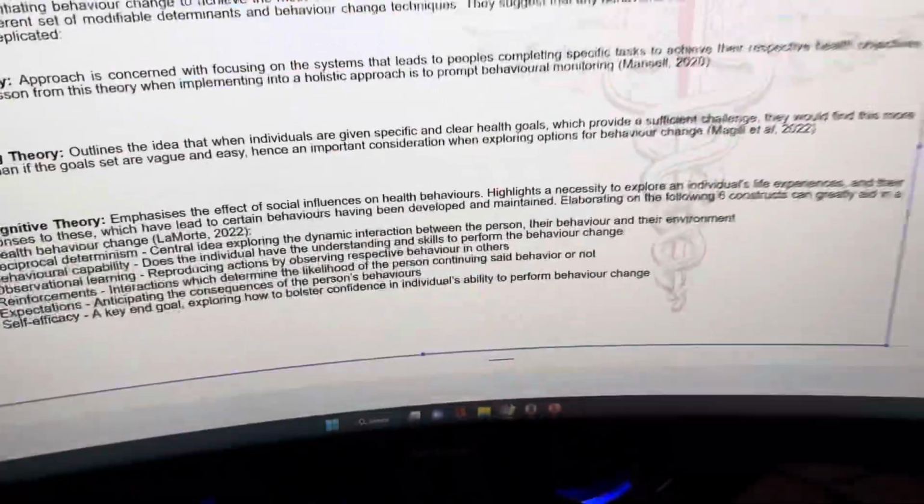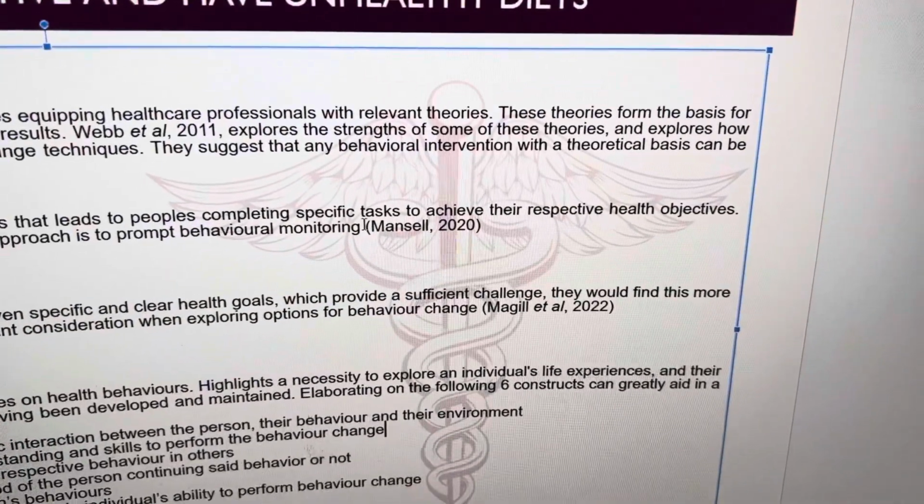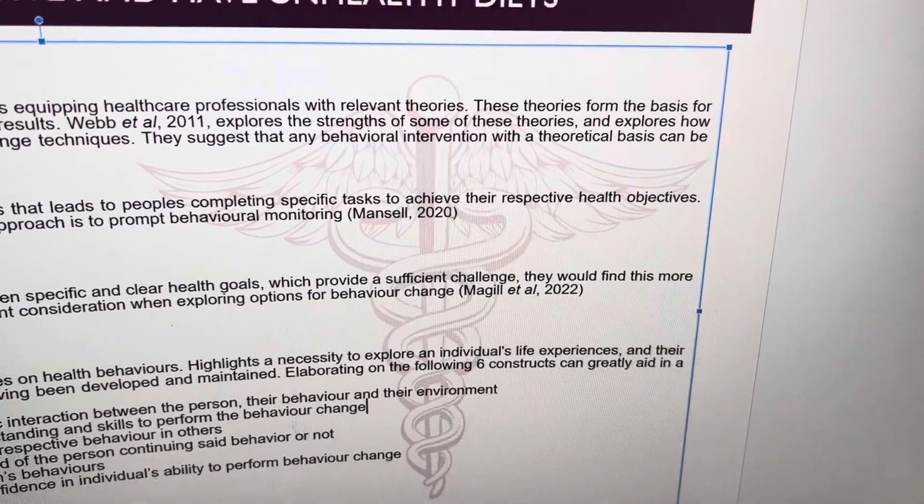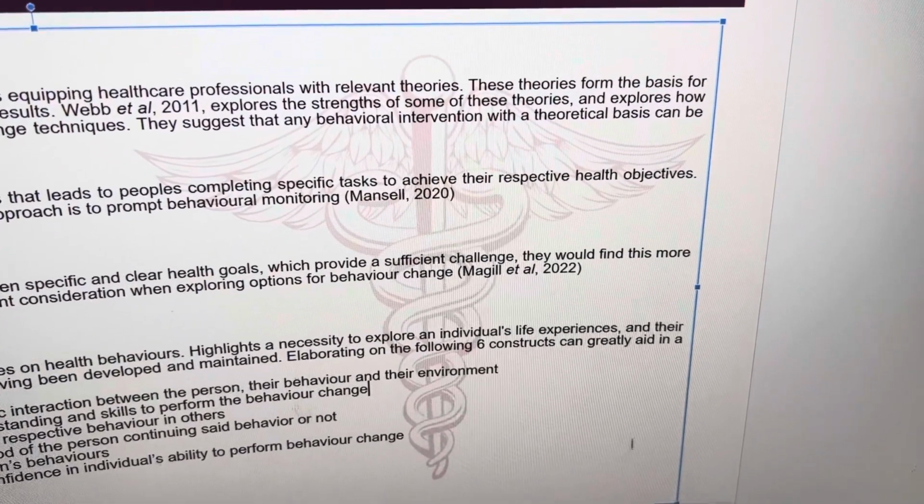Warren Mansell. So you get his surname and find the date it was written, 2020. Then just write in brackets Mansell, comma, 2020, and close brackets.